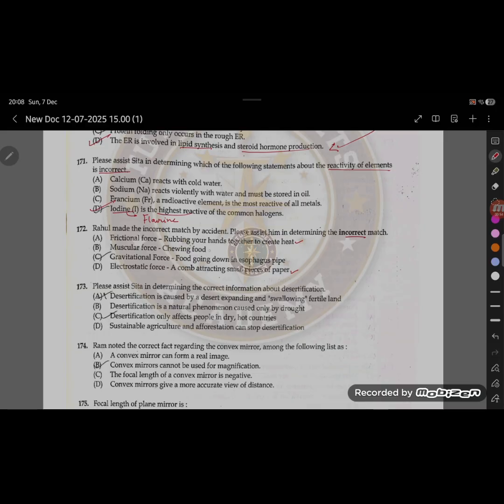It is also true. Now it comes to your food going down. So the incorrect one is C. It is not a gravitational force. It is also a muscular force which is called peristalsis, which helps in taking the food down.